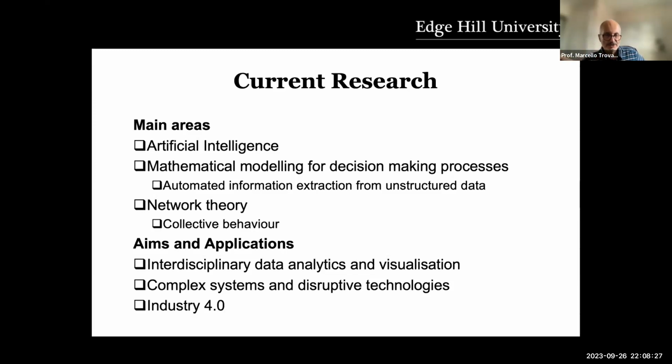I'm interested in collective behavior, and all these are interconnected. And there are a variety of applications, including data analytics and visualization, but also complex systems and disruptive technology and Industry 4.0, although we're already starting to talk about Industry 5.0.